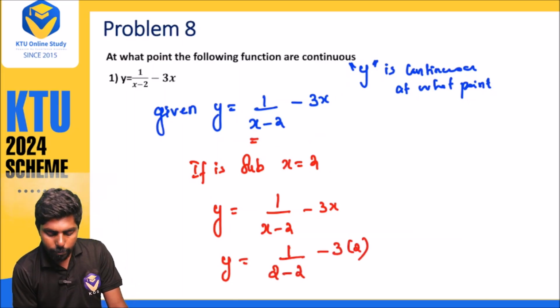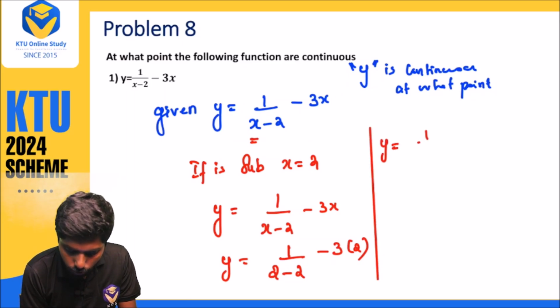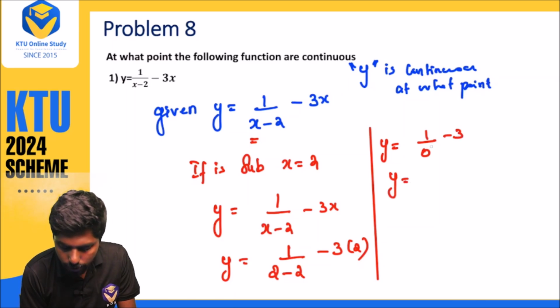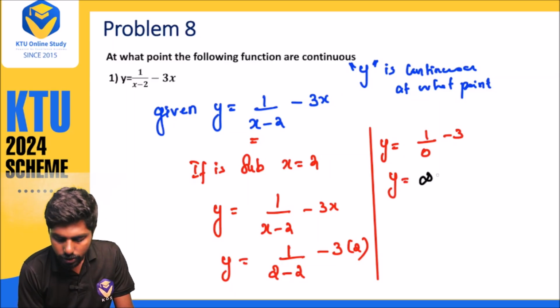So this becomes y is equal to 1 divided by 0, minus 3. 1 divided by 0 is infinite, infinite minus 3, so y is equal to infinite.